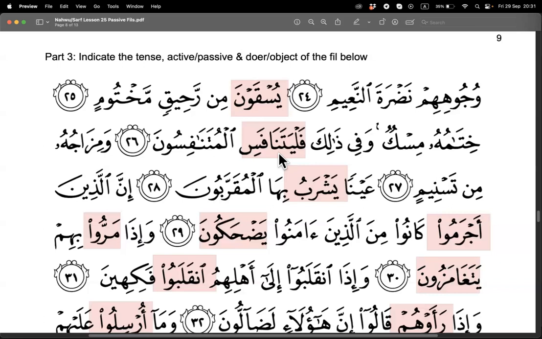I believe this one will be the fa'il. Yes, exactly. Tanafas is basically to compete. So those who compete should compete for that, meaning Jannah, the description of Jannah previously in this whole paragraph.